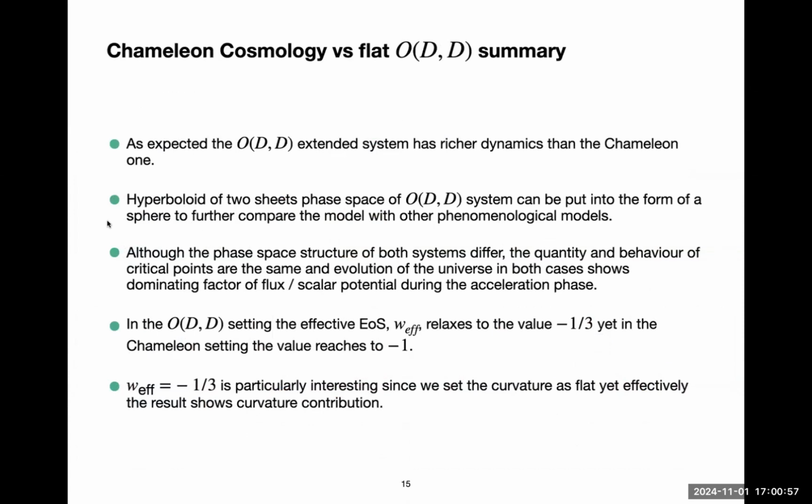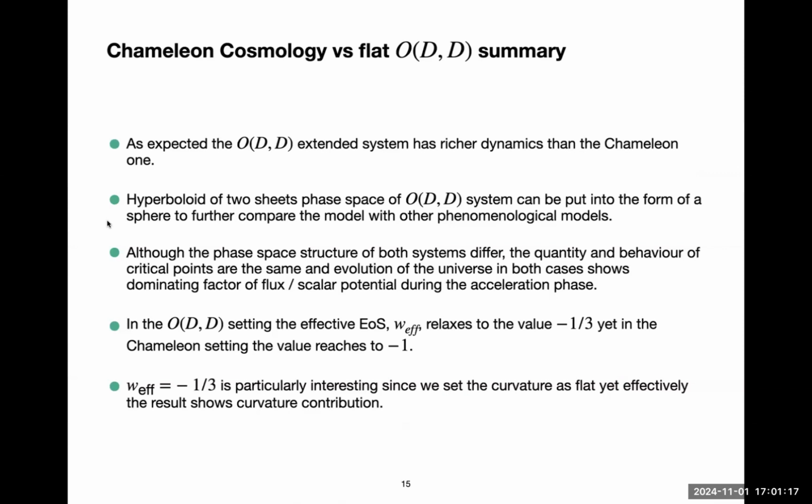As expected, the ODD extended system has richer dynamics than the chameleon one, because even the phase space geometry shows us that the chameleon one has an elliptical one, but the ODD complete system has a hyperboloid of 2 sheets.